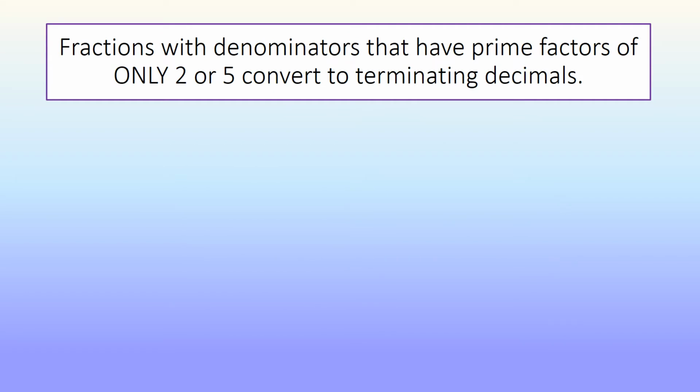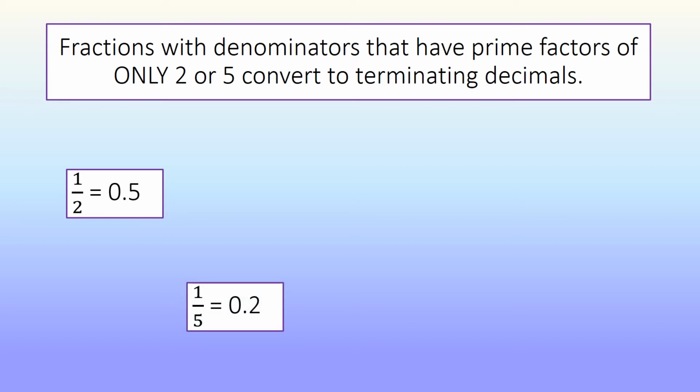And the way to tell whether a fraction will convert to a terminating decimal or not is to look at its denominator. If the denominator only has prime factors, so things that multiply to make it, of 2 or 5, it will convert to a terminating decimal. So a half, the denominator here is 2, so that will convert to a terminating decimal.